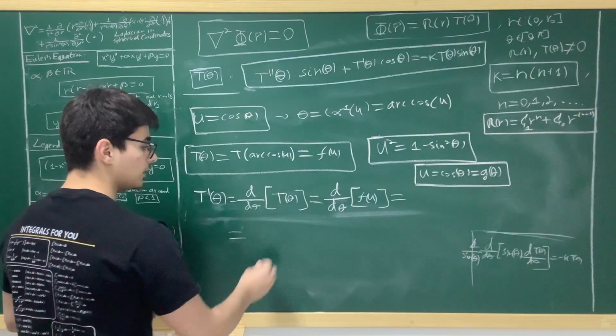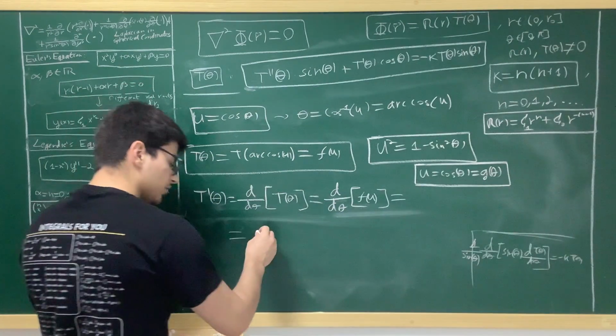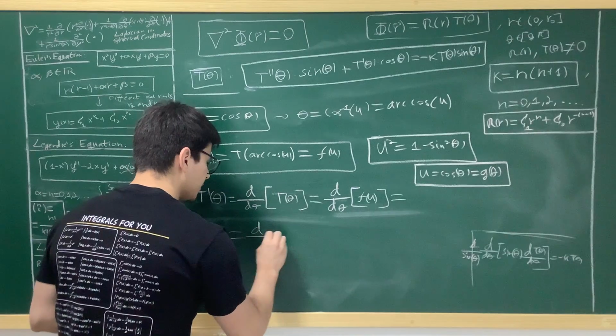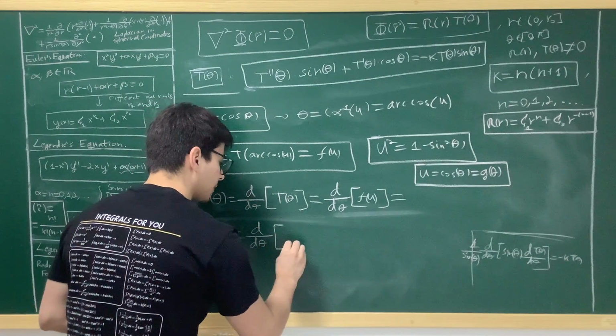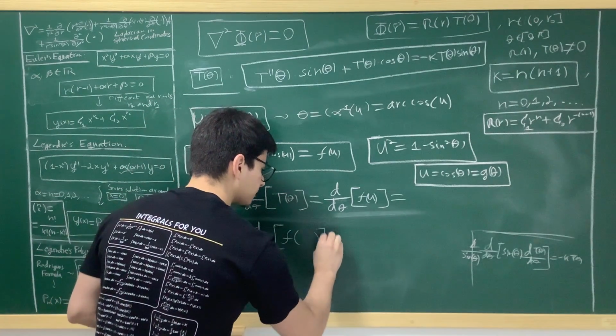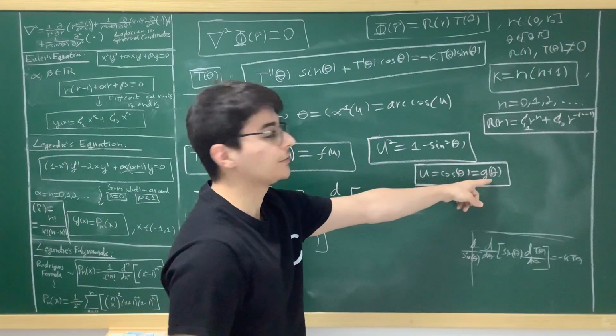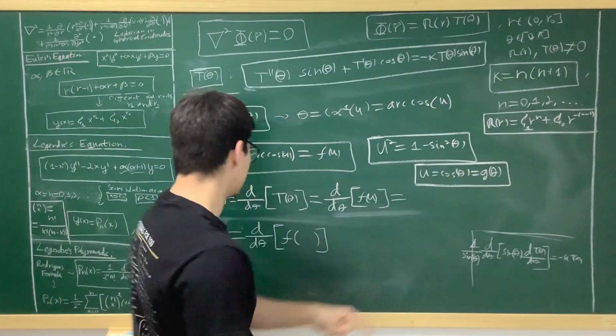Let me just say that the derivative with respect to theta, and you see it's really easy this way, is just the derivative with respect to theta of f of g of theta, because u is just a function of theta too.